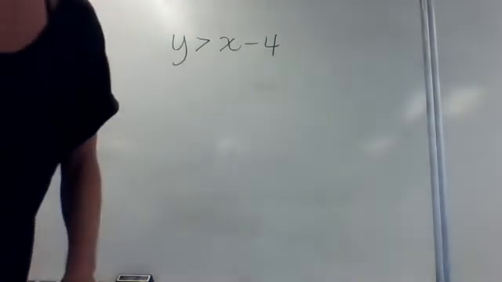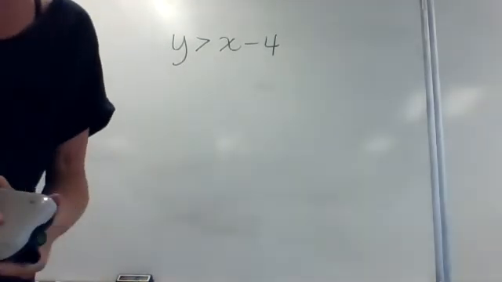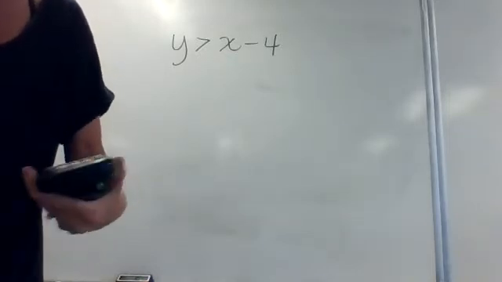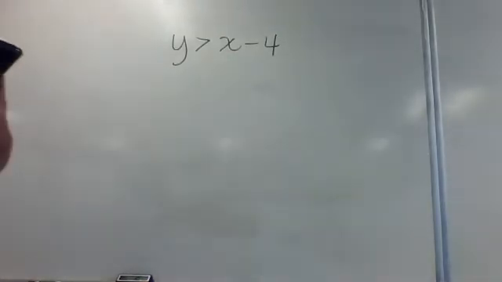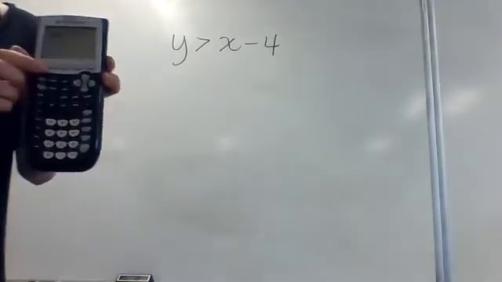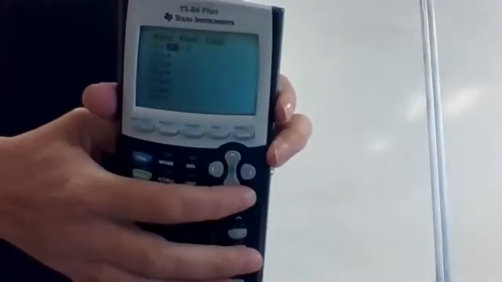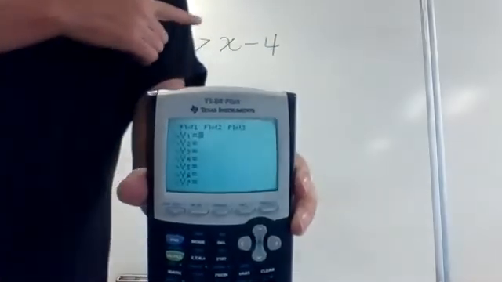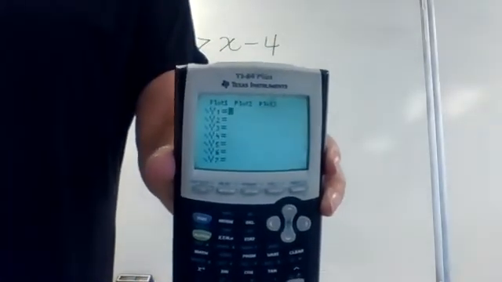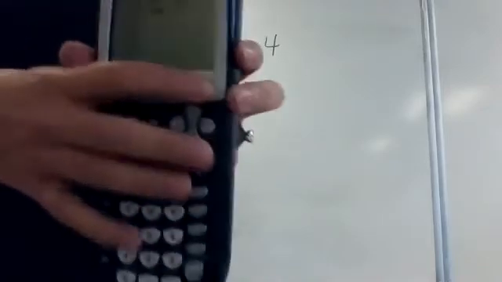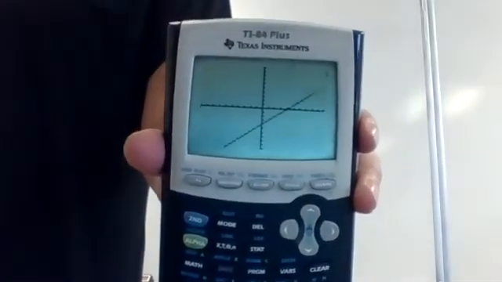So I can go straight to my y equals, just like I would be graphing a line, and put what's on the right side, on the other side from the y, into my y equals. So again, you're just going to y equals, clear it out. In this situation, we're just going to type in x minus 4. You can go ahead and graph it if you want to see what the picture is.